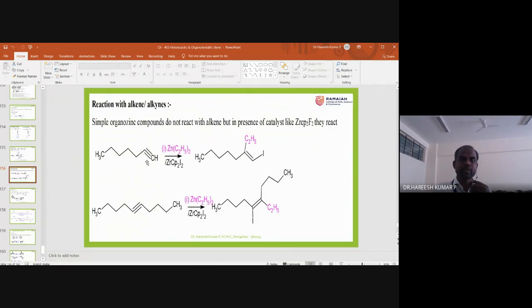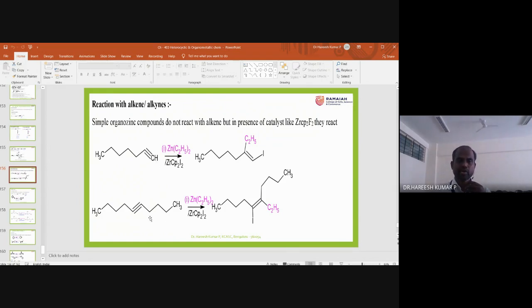Suppose this double bond is treated with HBr: it is possible to get two products, since Br minus can attack this carbon as well as this carbon. But when you treat it with dialkyl zinc, you get only one product. That is the advantage. The ethyl group attacks the more substituted carbon atom, and zinc forms a bond with the terminal carbon atom.